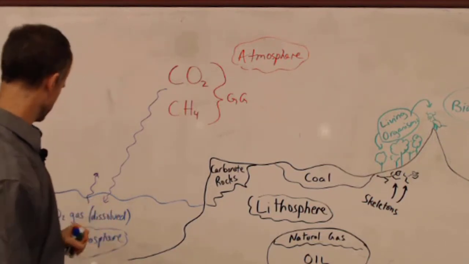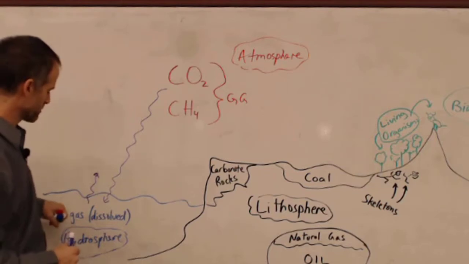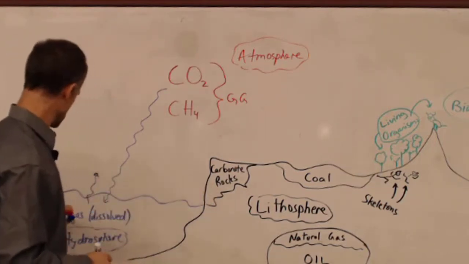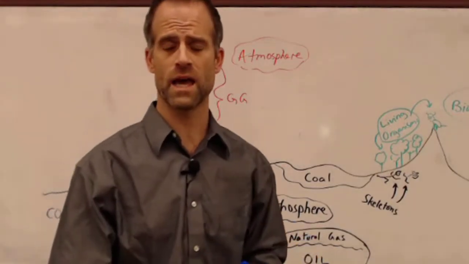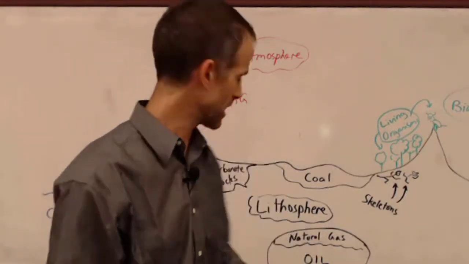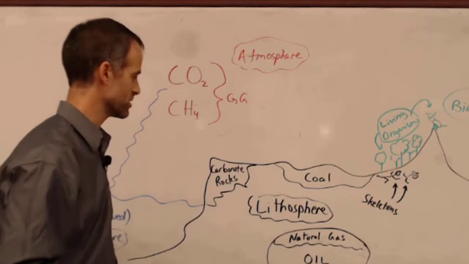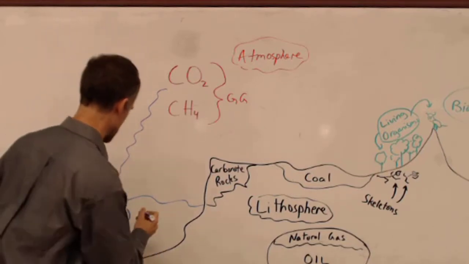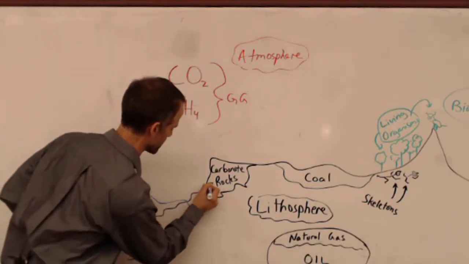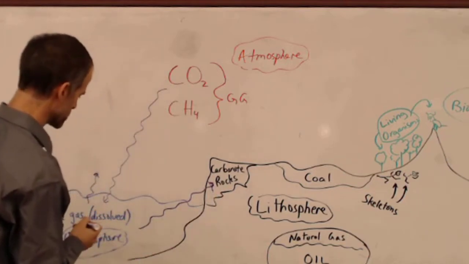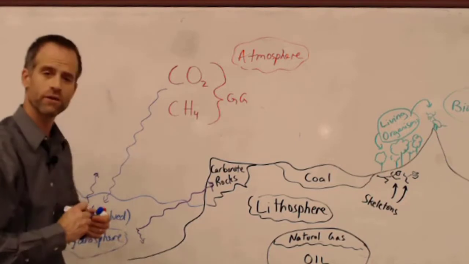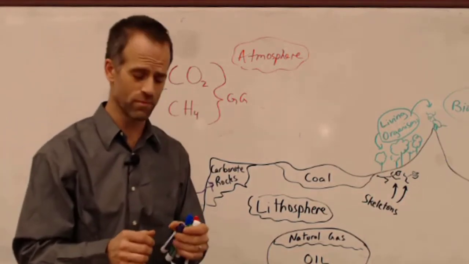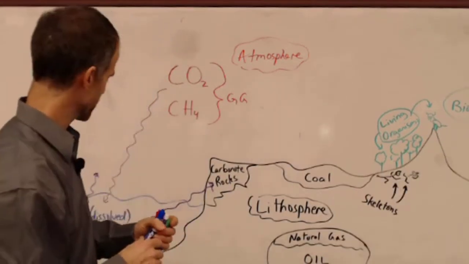How does carbon go from here into rocks? Well, carbon can form mineral rocks and settle to the bottom of the ocean, and we'll end up with carbonate rocks along the bottom. So from the hydrosphere, we can have carbonate rocks. We also have, to the biosphere, a lot of fish and crabs and mollusks and stuff that have shells.